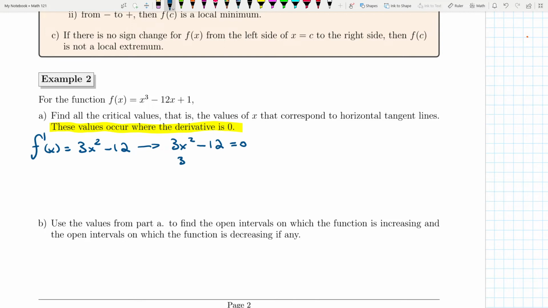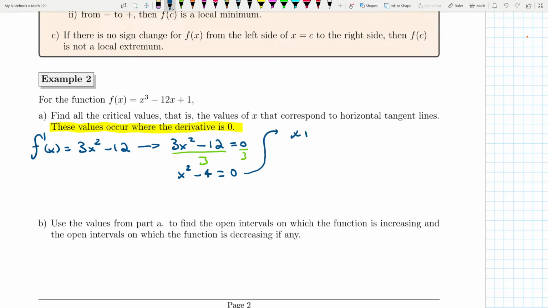In this case, I can divide both sides by 3 to get x squared minus 4 equals 0, and then we can factor this as a difference of squares.